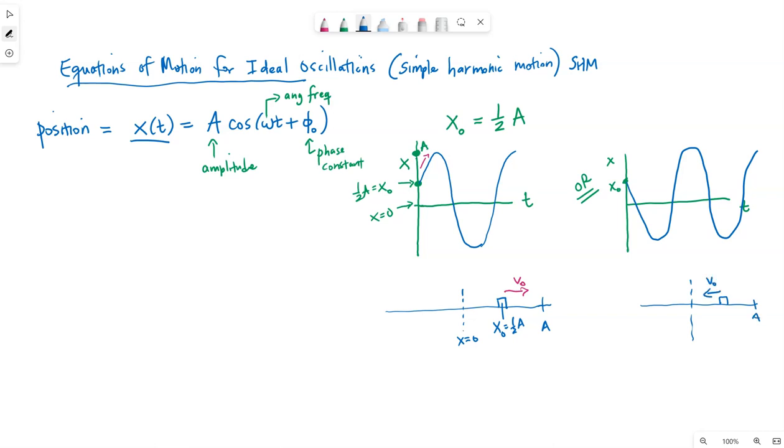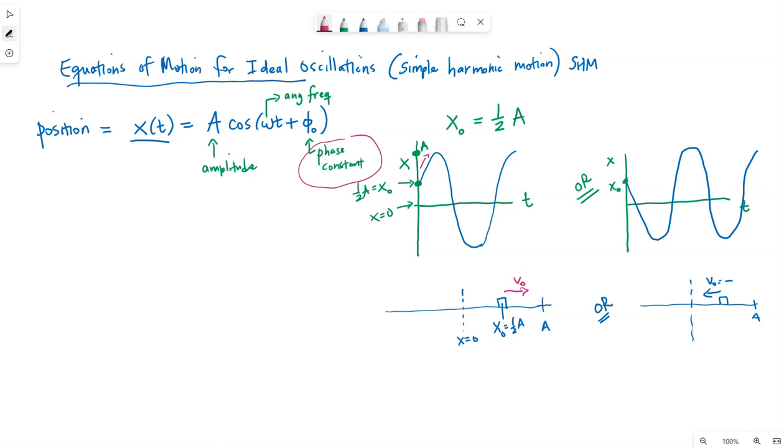So it has a v naught that is negative because the mass is headed towards the left, towards equilibrium. Both of these have the same initial position, but they do not have the same phase constant if we were to write their equations out.